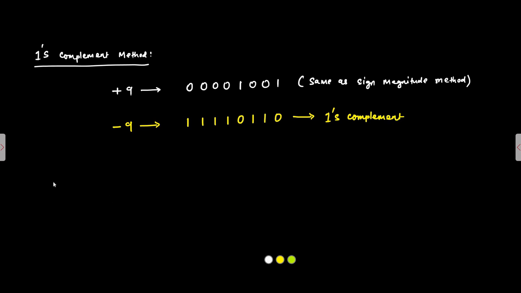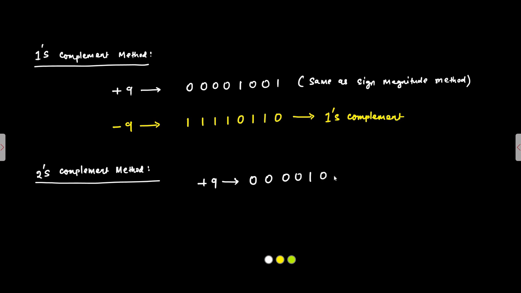Next method is the 2s complement. In the 2s complement method also, plus 9, that is the positive integers, are represented in the same way as sign magnitude method, that is 0, 0, 0, 0, 1, 0, 0, 1.